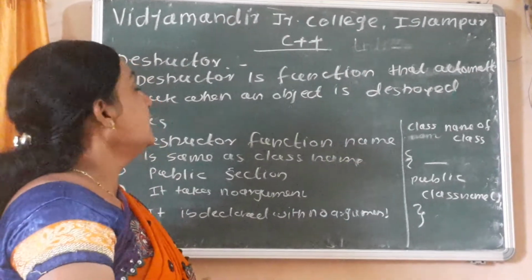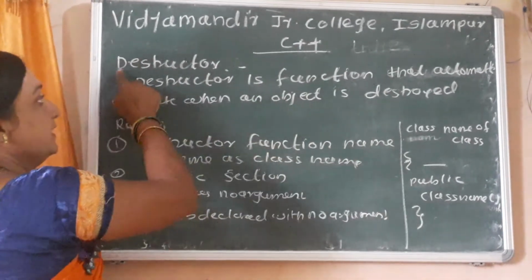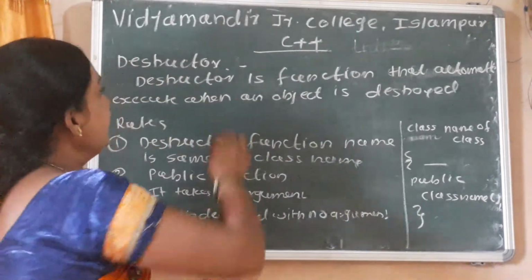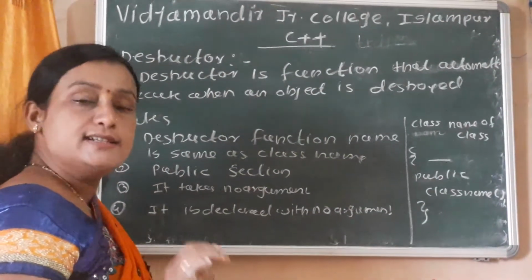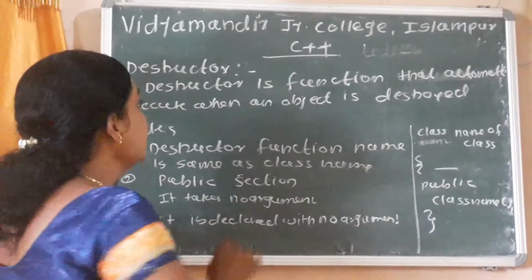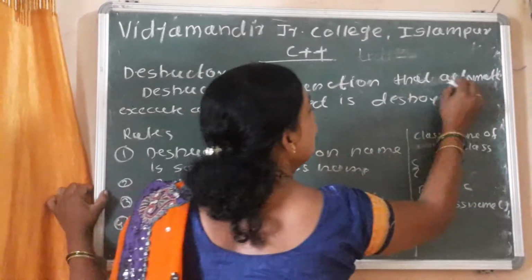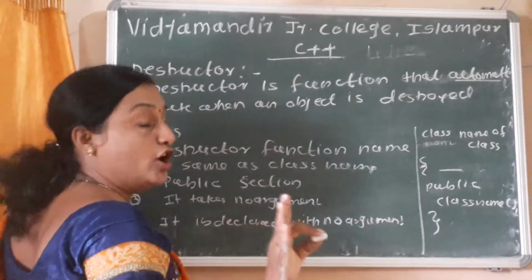There is a function similar to the constructor, that is the destructor. A destructor is totally opposite to the constructor. It is also a special member function in a class which is used to automatically execute and delete an object.